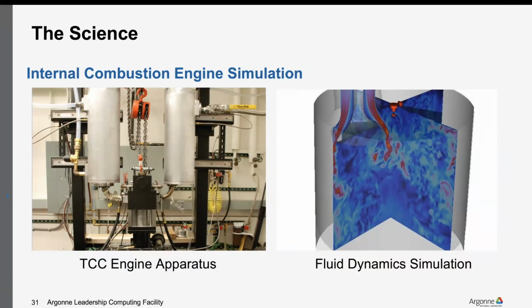Here's a case where we wanted to look at how we give context to the data that we're looking at. This is an experiment. On the left side, you see the physical apparatus that's being simulated.